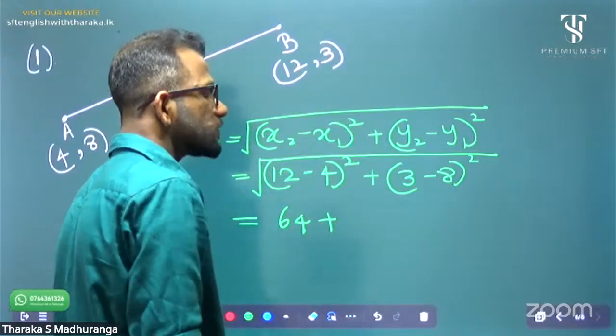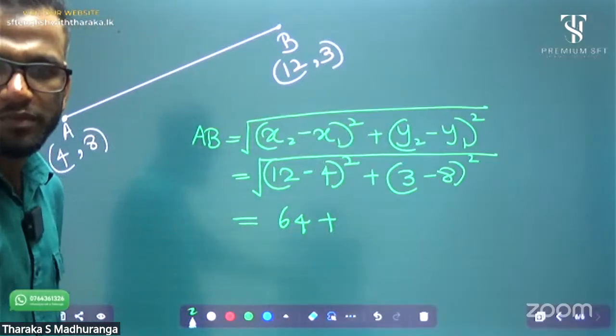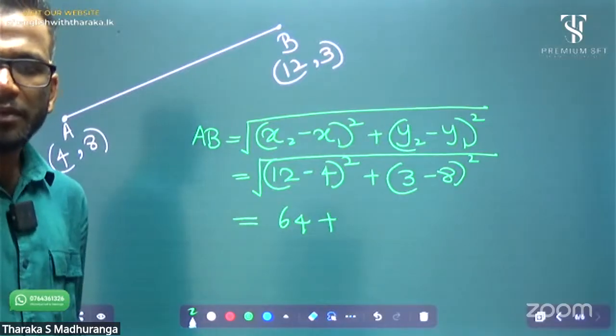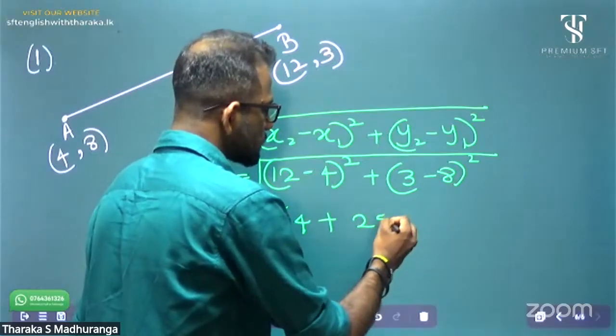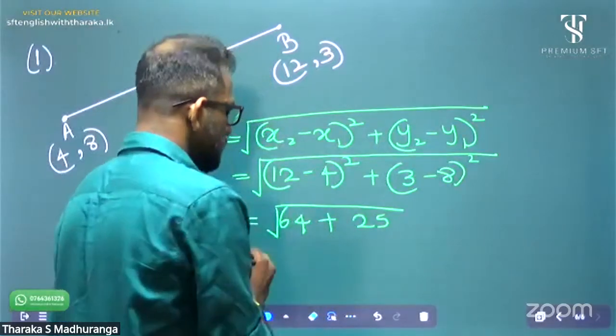Plus 3 minus 8, it is minus 5. Minus 5 squared is 25. 64 plus 25.